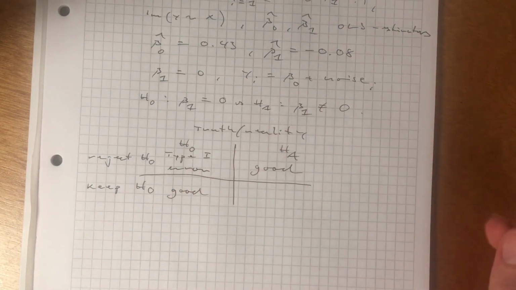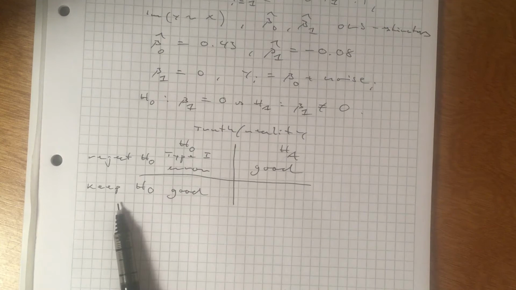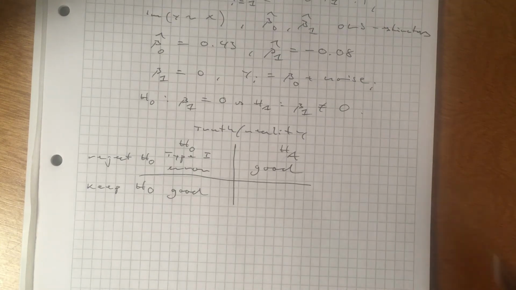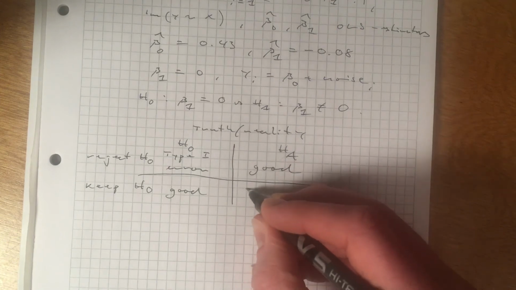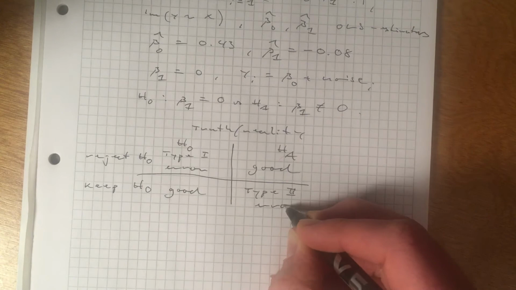So that's bad. If we decide to keep the null hypothesis, so if we decide to continue to believe that school closings has no effect, when indeed school closing does have an effect, then we committed what's called a type 2 error.